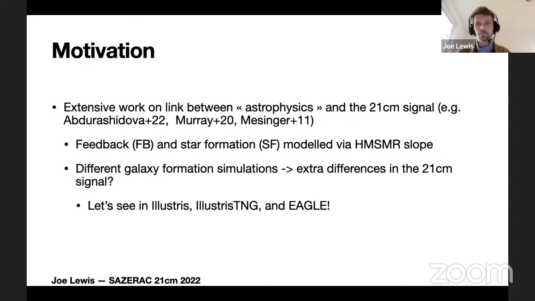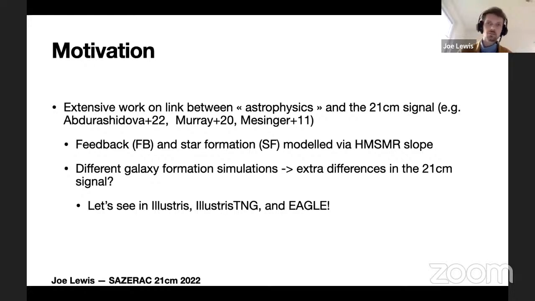And so I'm today interested in one particular, I think, typical feature of these, which is that generally galaxies are painted onto halos in some way. And so the way in these approaches that you account for different assumptions about feedback, so AGN feedback or stellar feedback, and star formation are all kind of merged down into the relationship between halo mass and stellar mass.